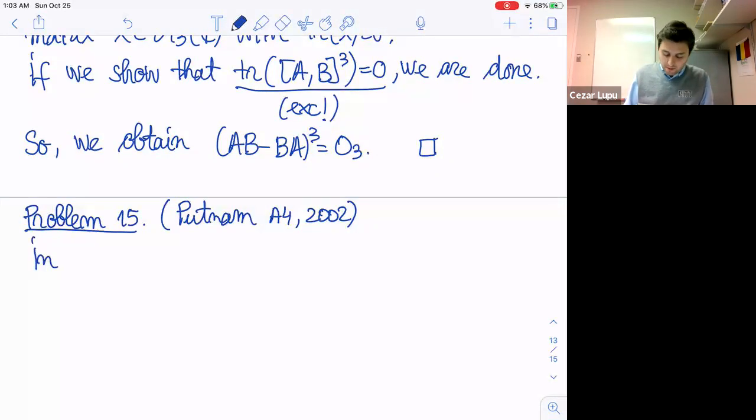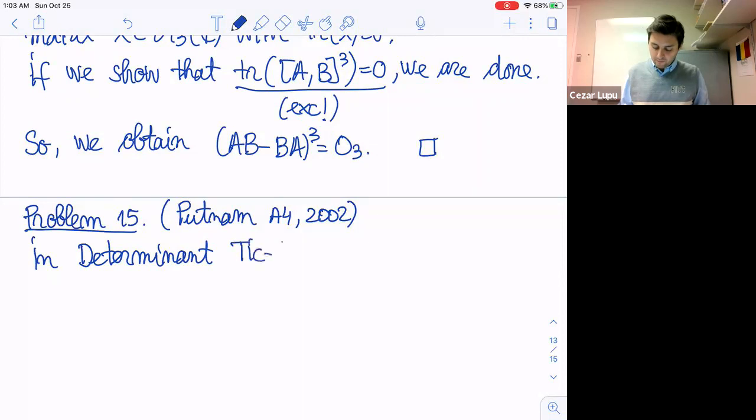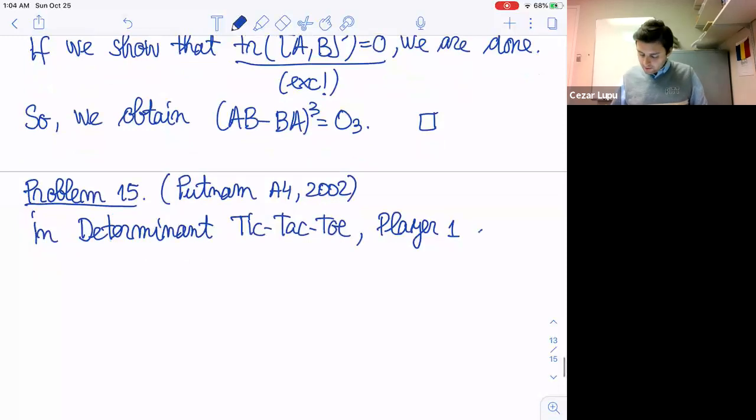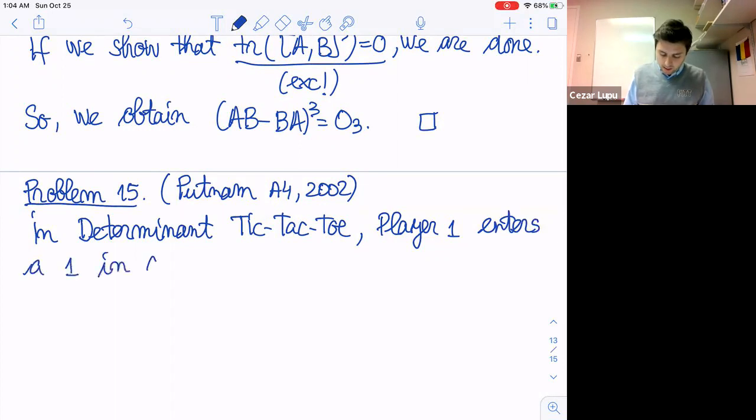In Determinant tic-tac-toe, player 1 enters a 1 in an empty 3 by 3 matrix.